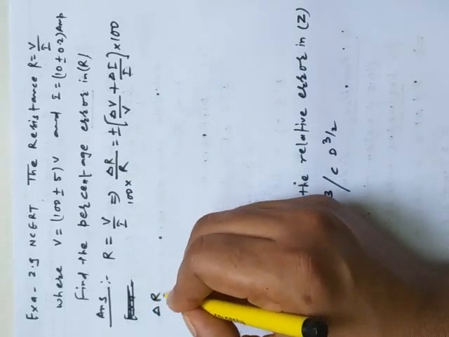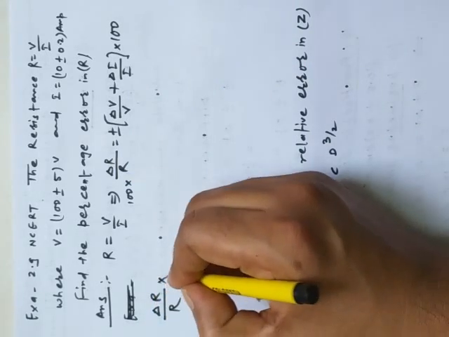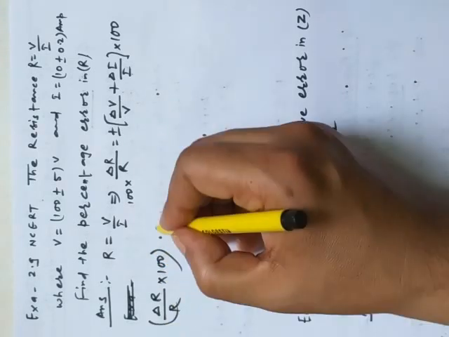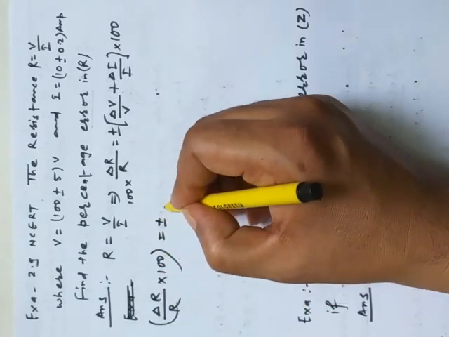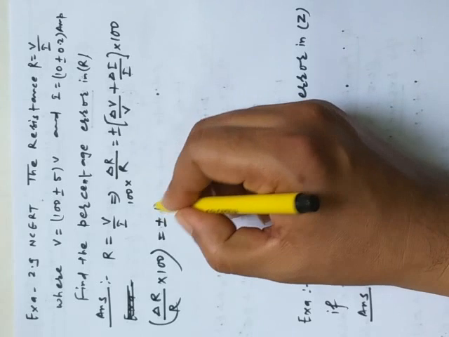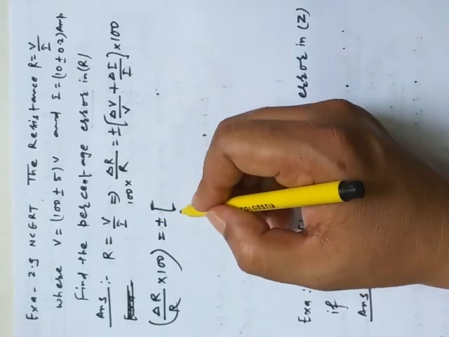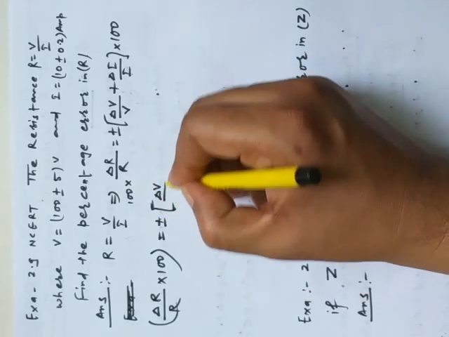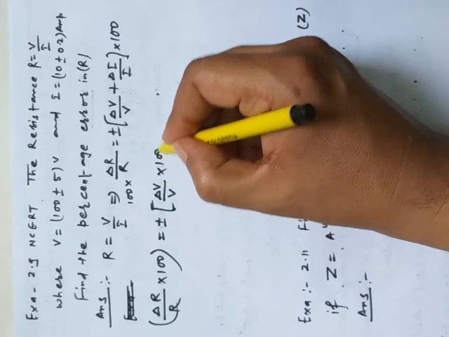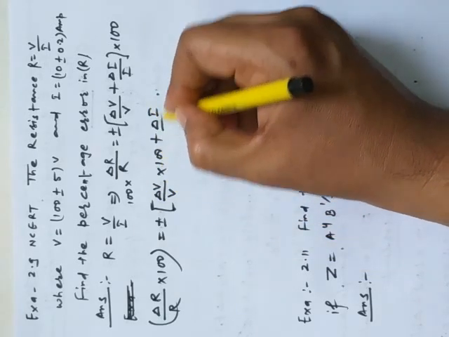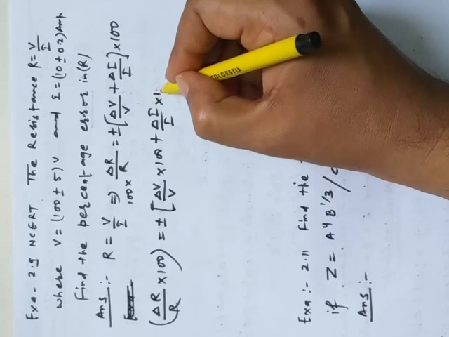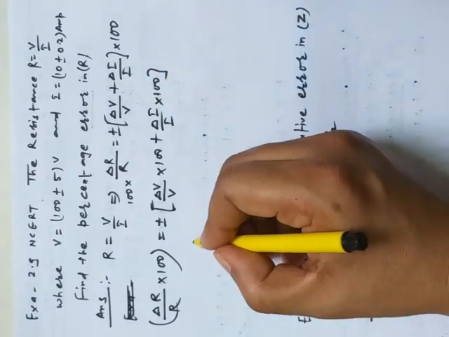So now I am writing it in a systematic manner. This is the percentage error in R, that is plus minus delta V upon V into 100, and plus we are doing the simple mathematics, whatever you can do on your own.